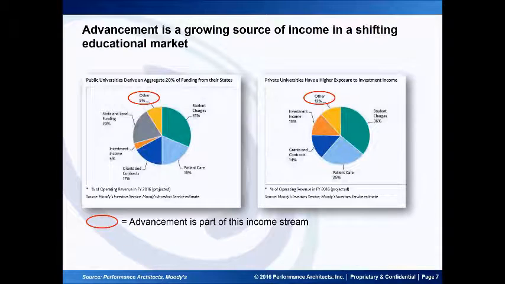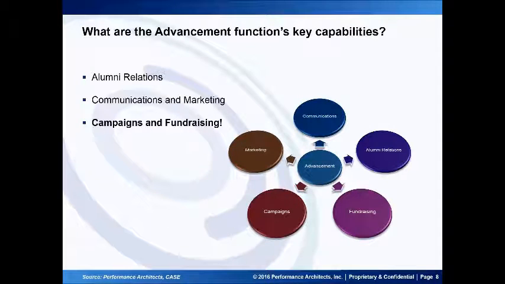Moving on to the next page, what are the functions, key capabilities? What do you focus on day to day? I'm probably preaching to the choir out there, but generally constituent relations. It says alumni here, but it's really across all your different constituencies that could donate money to your institution. Communications and marketing.